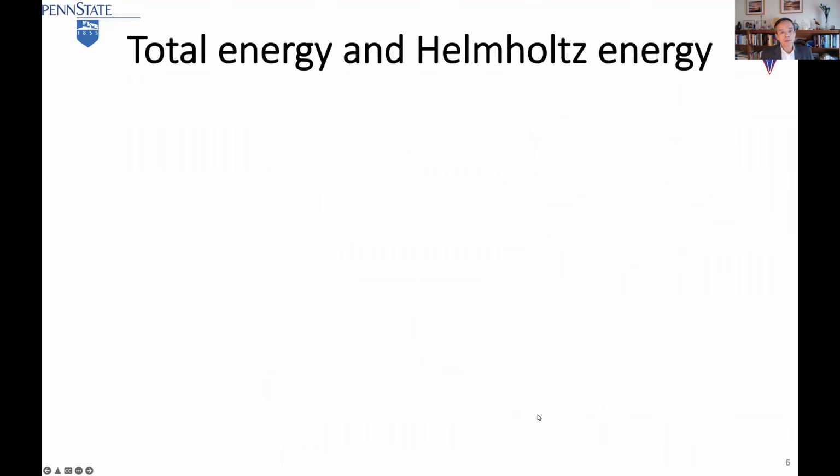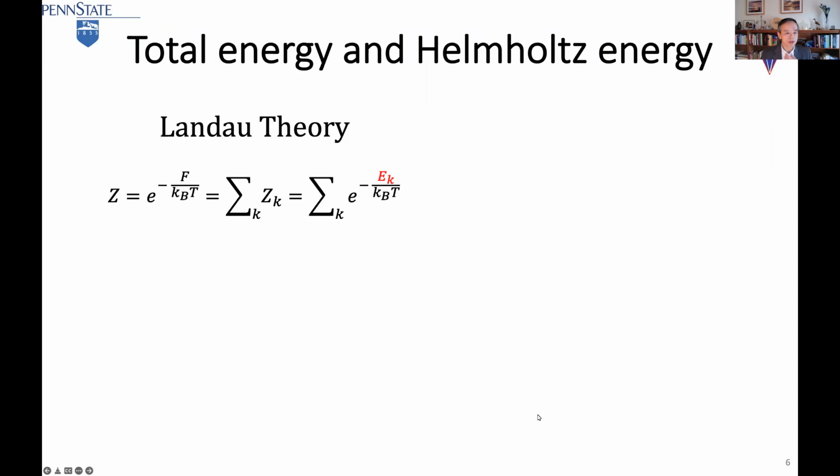Now we want to compare our entropy formula with the Landau formula. Let's first look at the Landau theory. Landau theory postulates that the partition function of a system is related to its Helmholtz energy in the NVT ensemble. You have the partition function of individual microstates or configurations in the system, with the total energy of each microstate.